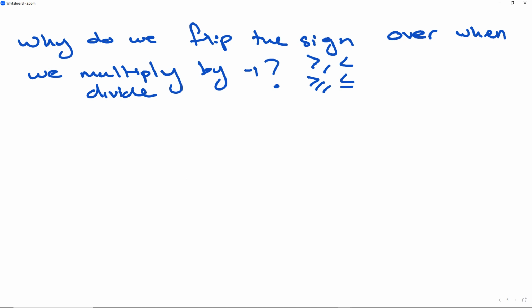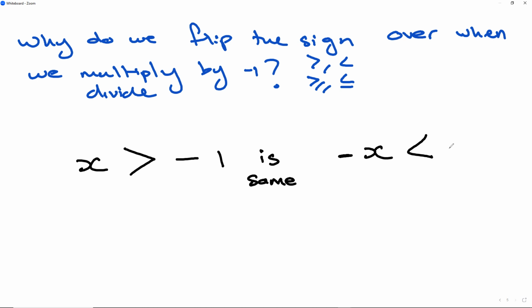Okay, let's take a simple example. Let's say x is greater than -1 is the same as negative x is less than +1. So you can see I've multiplied each term by negative, and I've reversed the sign as well.